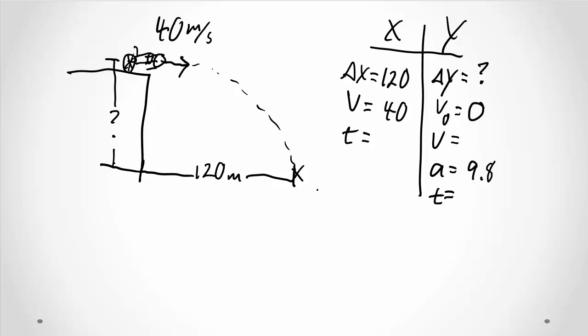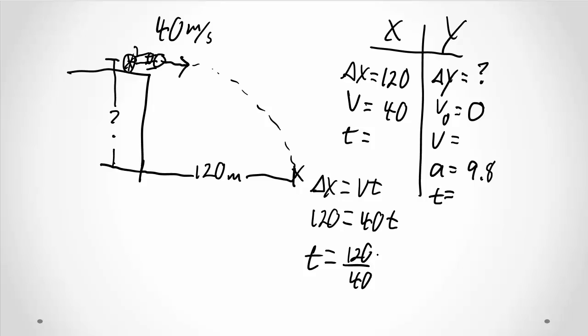So using the only equation I ever use for the horizontal motion of a projectile, we get 120 equals 40t, so t equals 120 over 40, so we get that our projectile was in the air for exactly 3 seconds. Come in and plug that in over here, and then we want to find delta y, the equation we use almost all of the time in the vertical direction.